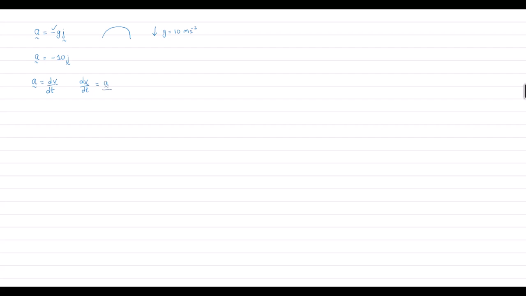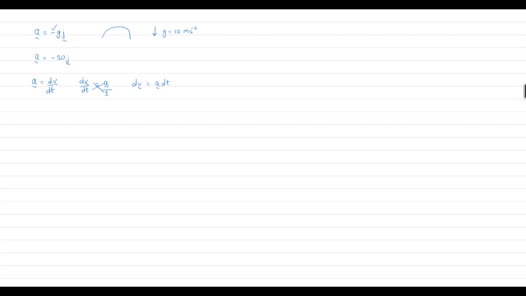If I consider this as in the denominator as 1, and then I do a cross multiplication, I will get something like dv equal to a times dt.